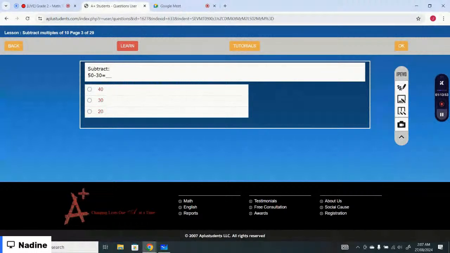The correct option is 50 take away 30 is 20. The correct option is 20.